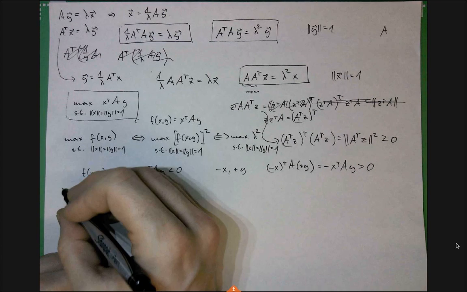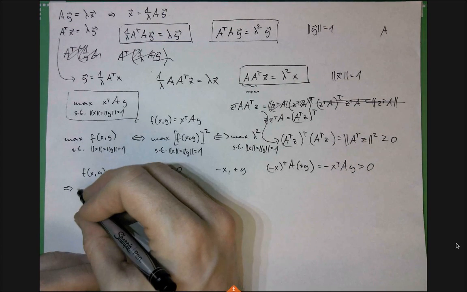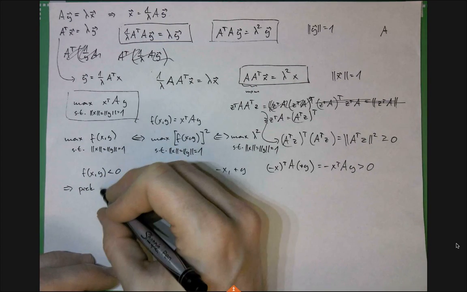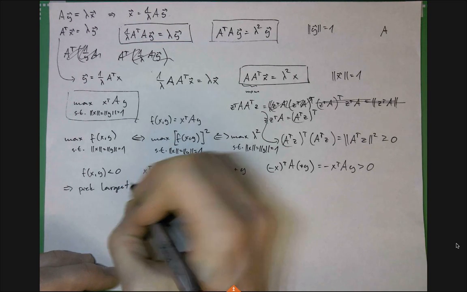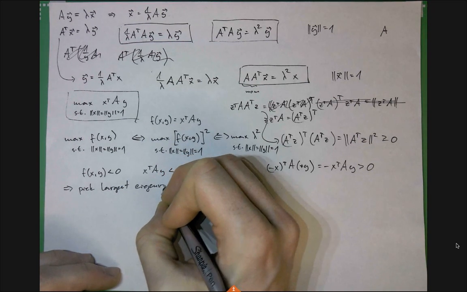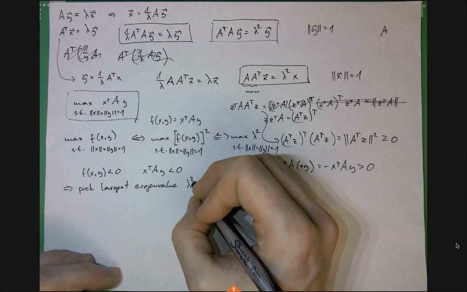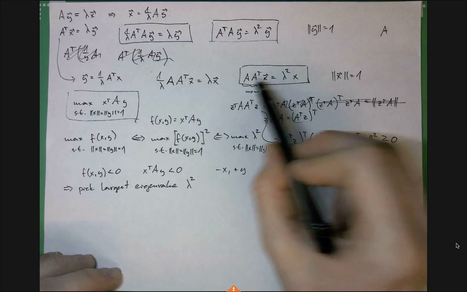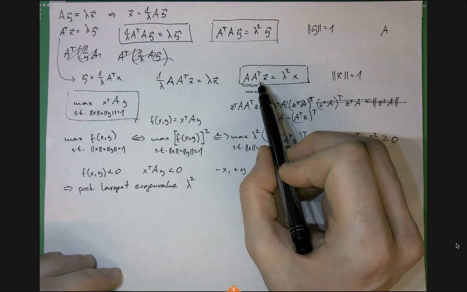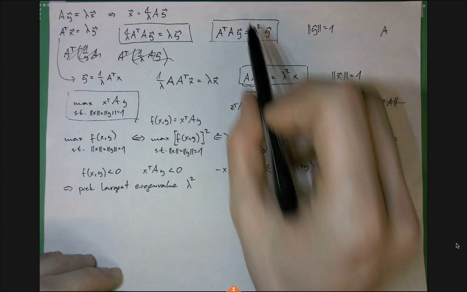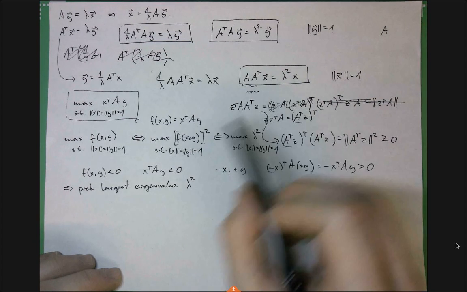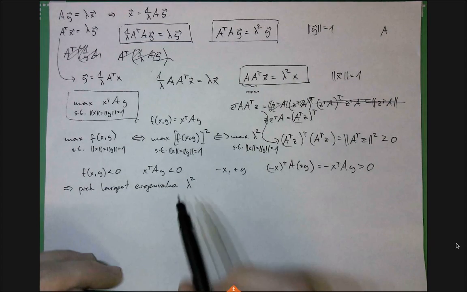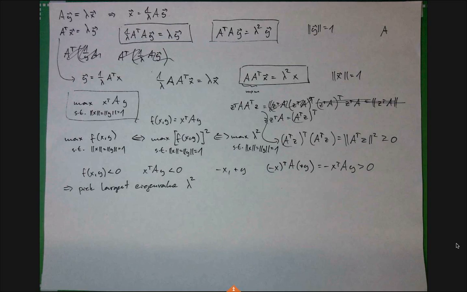Right, so the largest eigenvalue lambda squared, because lambda squared is an eigenvalue of both ATA and AAT. There were potentially a lot of different eigenvalues, and if we want to maximize it, we want to pick the largest eigenvalue, lambda squared.